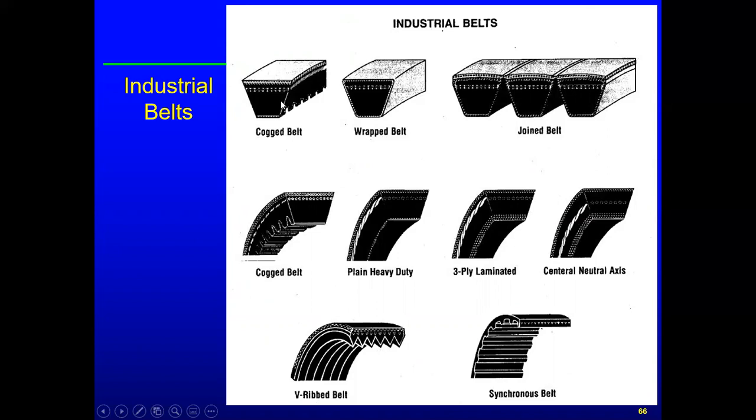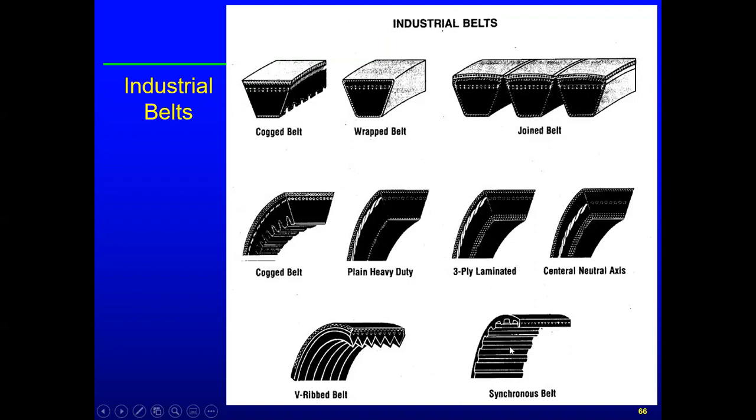You just buy the cog belt, unless you're transmitting a really huge amount of torque. You can check with your belt suppliers, like Gates and some of the big guys. Next time you change V belts, you could go to a cog belt and reduce your energy a little bit. These are more flexible, and the belt doesn't eat up quite as much energy as it travels around the sheaves.